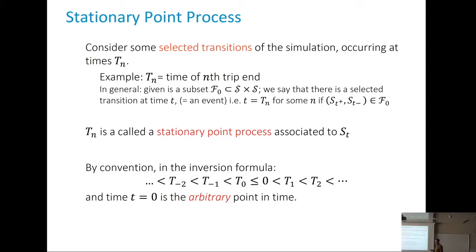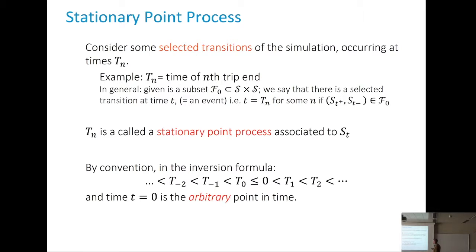In some physics papers, you do the opposite. So the take-home message is that we don't really know, so I make it clear here what it means. Just before t, I was in a given state. Just after I am in a different state, and if that pair of states belongs to that specified set, I say I have an event of interest.